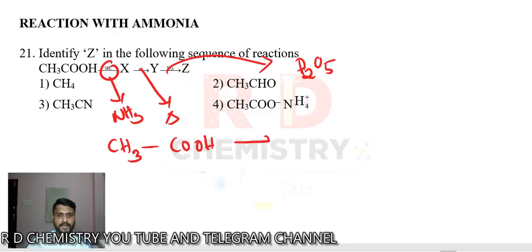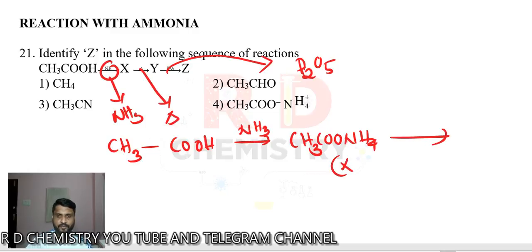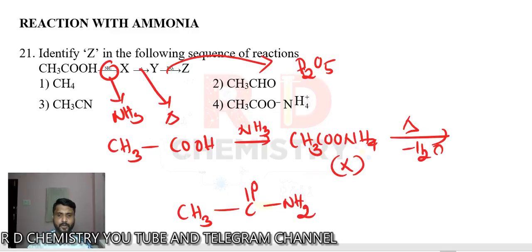CH3COOH reacts with ammonia, an acid-base reaction, to give the ammonium salt of acetic acid, this is X. After being heated strongly to remove a water molecule, it becomes CH3 C double bond O NH2. It becomes an amide, and this is compound Y. Then it is treated with phosphorus pentoxide, which is a dehydrating agent.